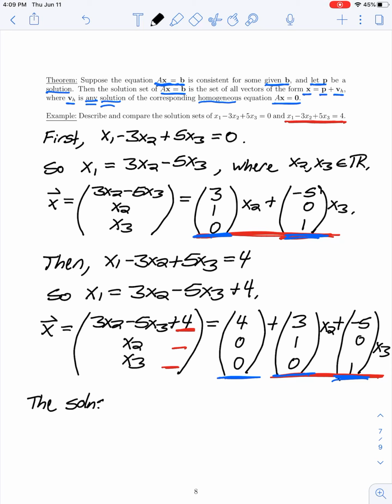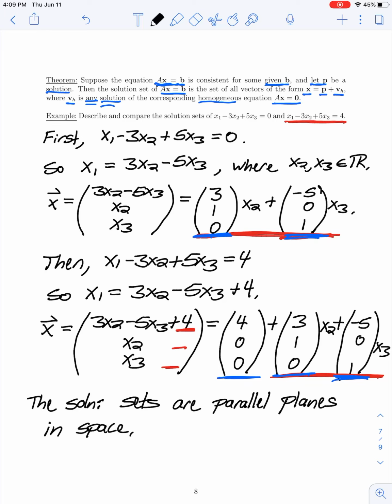So here the solution sets are parallel planes in space. All right, so just like we saw in our earlier example, the solution set of a homogeneous equation was a line through the origin. If we made it a non-homogeneous equation, it was a line which is parallel to that line, but no longer through the origin.